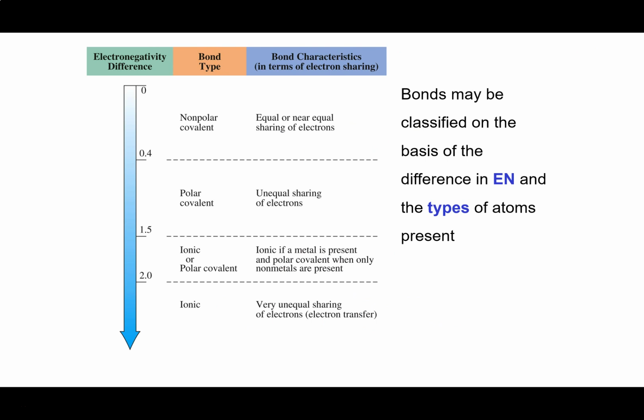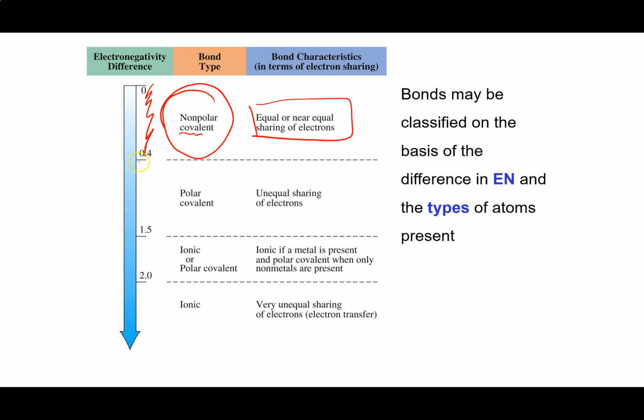So when does it become important, and how can we classify bonds? Well, generally we're going to say that if the difference in electronegativity between two atoms is between 0 and 0.4, we have almost equal sharing of electrons, and we won't really see any big impact on that particular bond's chemical properties as a result of this nearly equal sharing of electrons. So we're going to classify bonds that have differences in electronegativity of between 0 and 0.4 as being nonpolar covalent.